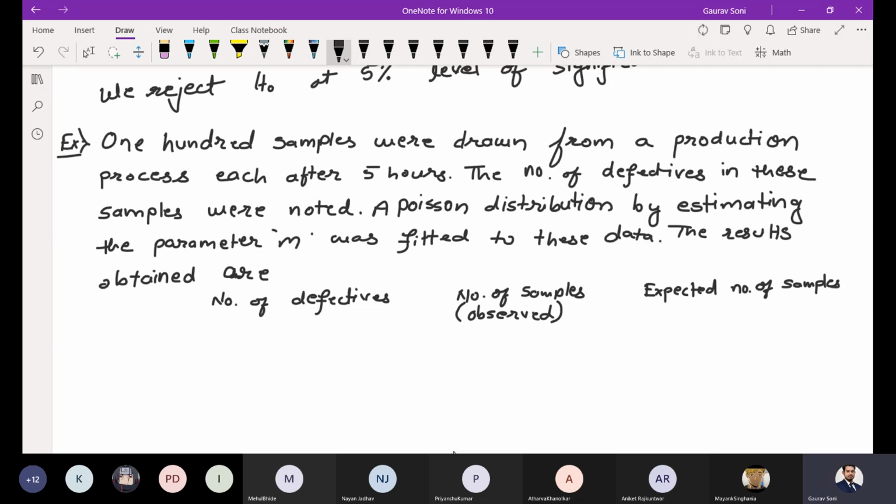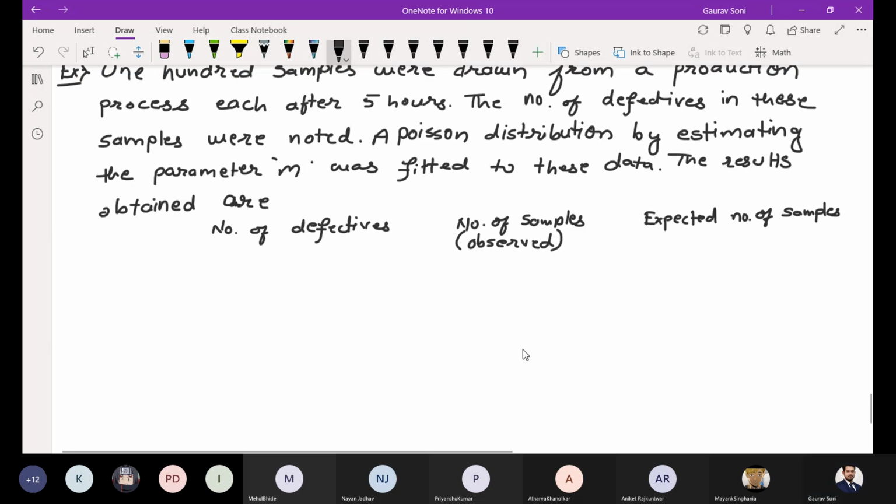So the data is 0, 1, 2, 3, 4, 5 and above.